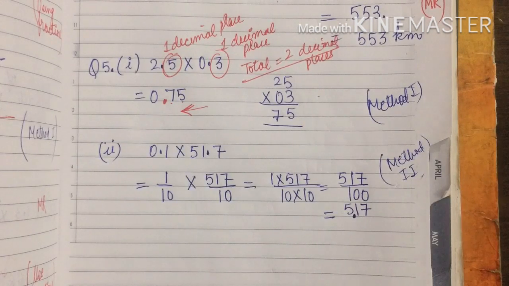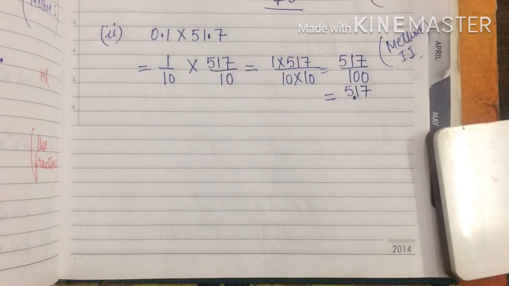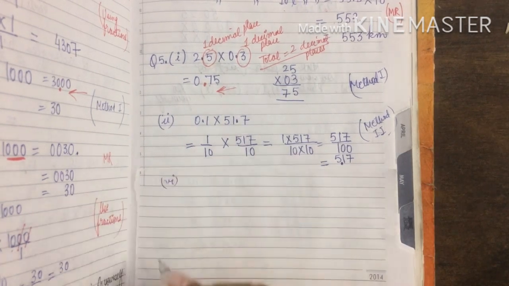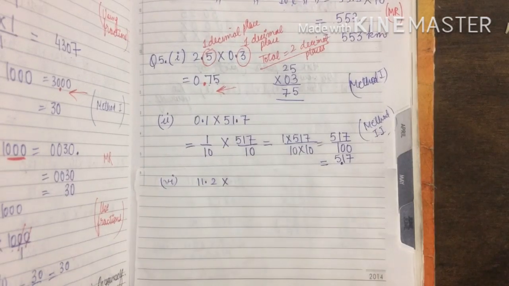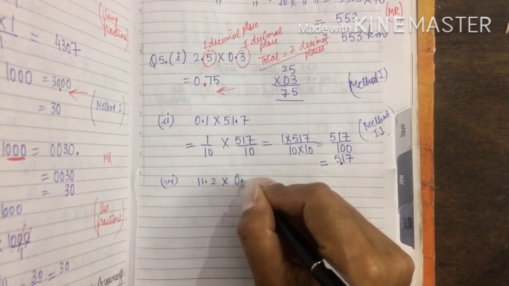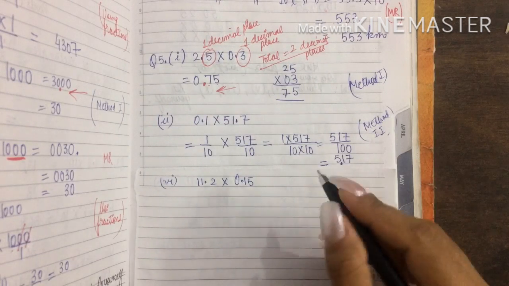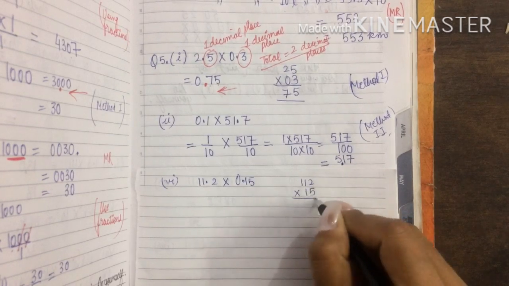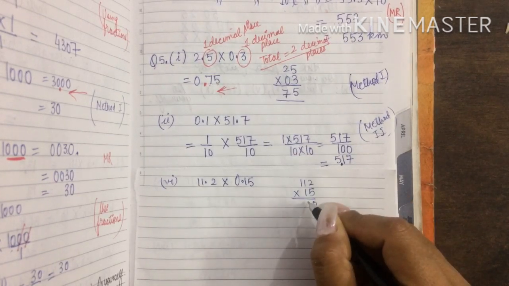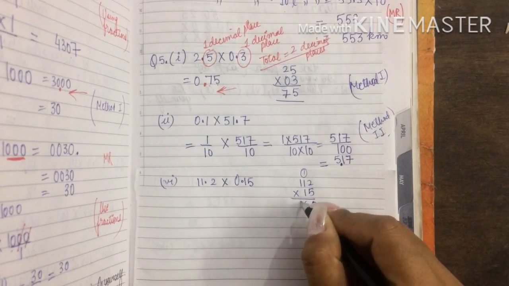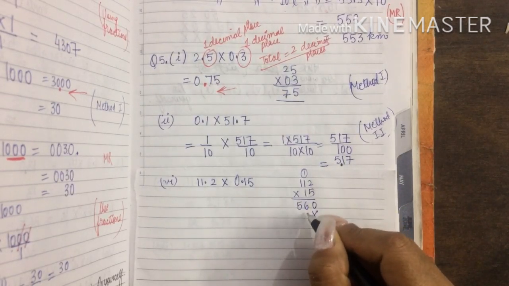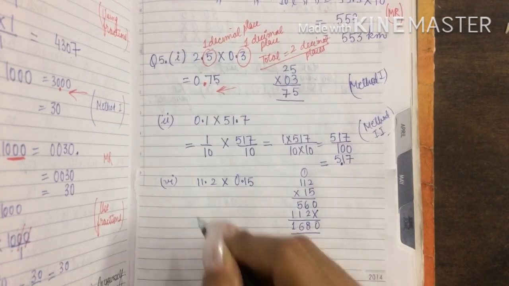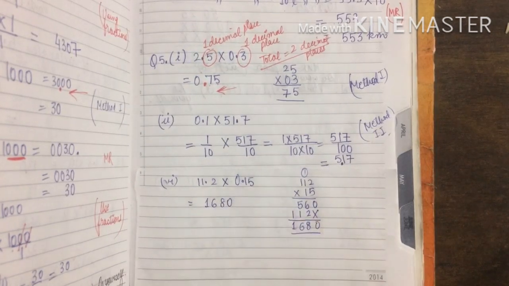Let's do a few more parts. Now let us do the sixth part. We have 11.2 multiplied by 0.15. I am using the first method, multiplying the numbers without the point. So my answer is 1680.